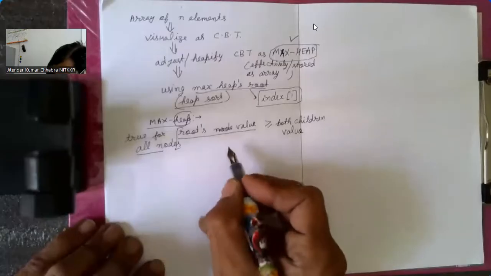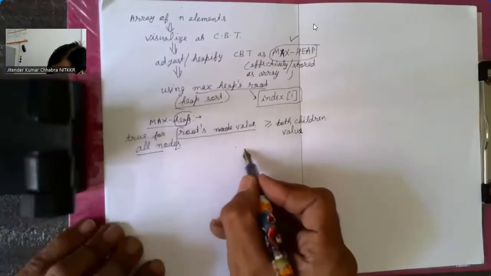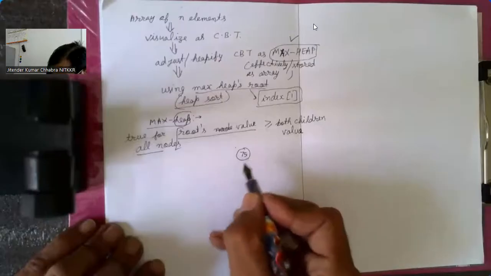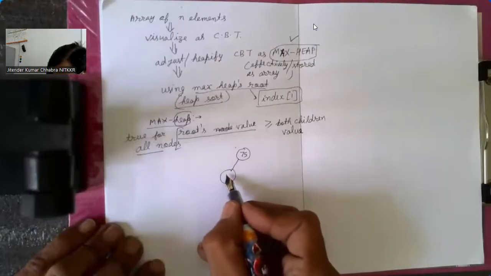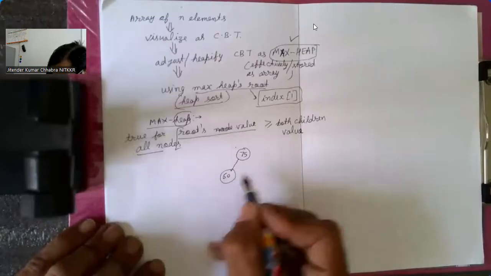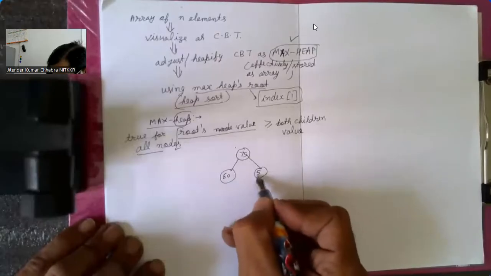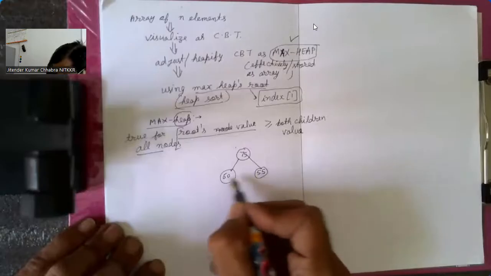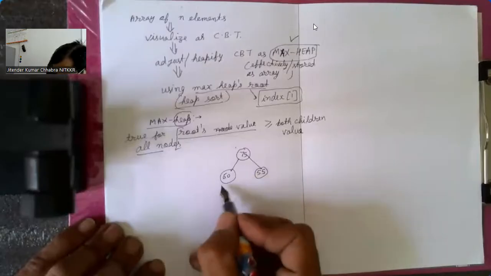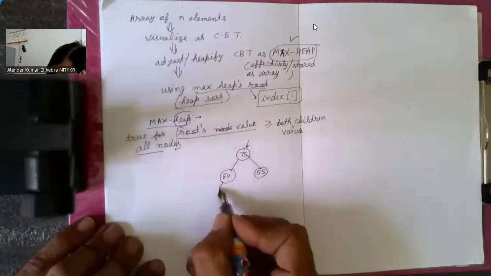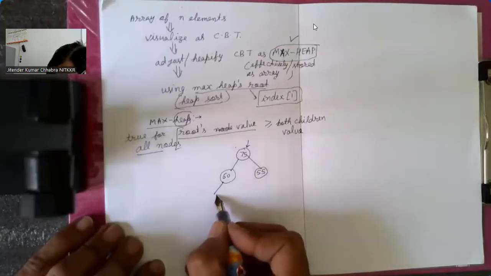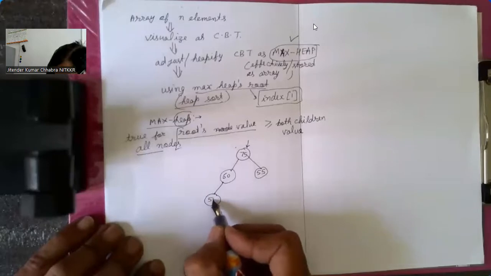So if I have, let's say, 75, that means this 75 has to be greater than the left child and right child. Left and right can be in any order. There is no guarantee that left will be smaller or greater. Similarly, 60 has to be greater than its left and right children.